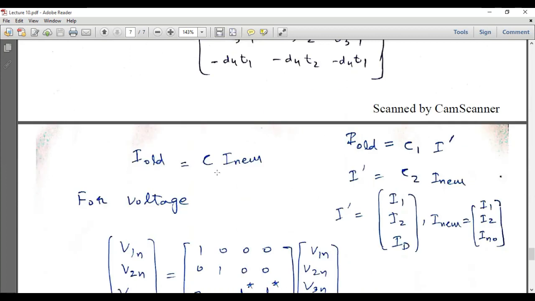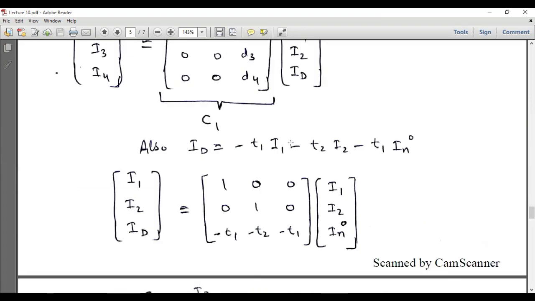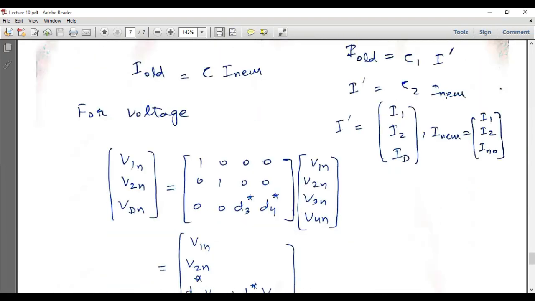So this is the transformation: I old is equal to C times I new, and I old is equal to C1 times I dash. This is our I old, this is our C1, this is I dash, and also I dash is equal to C2 times I new.